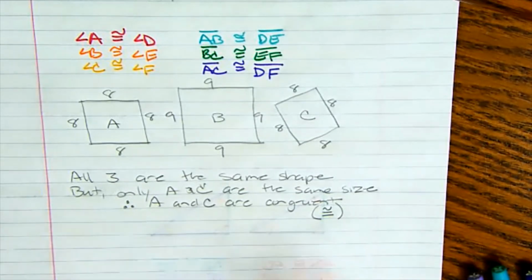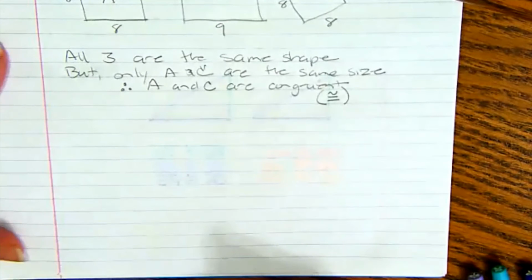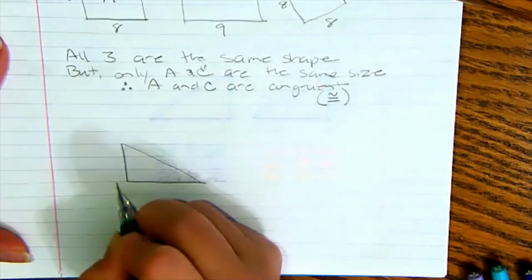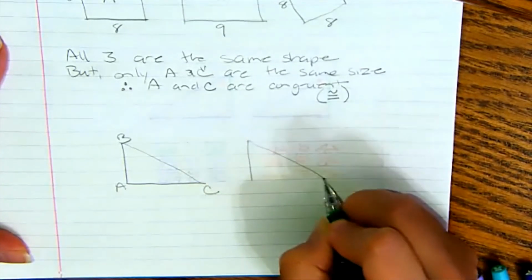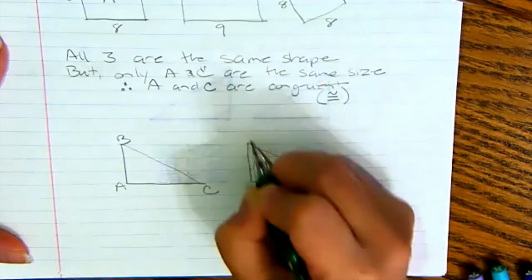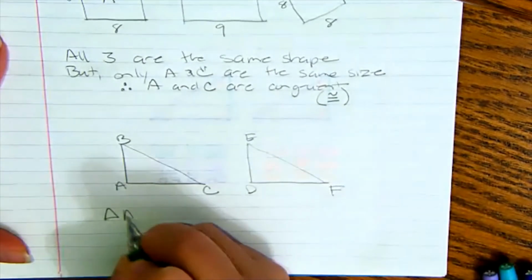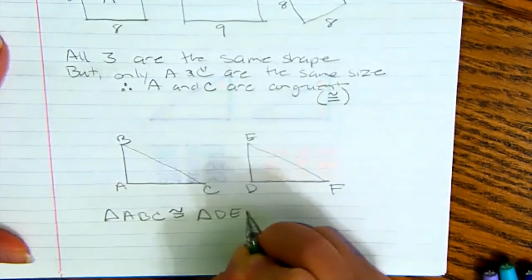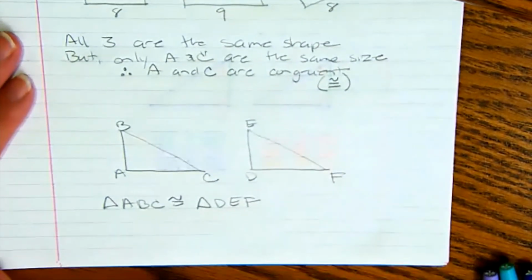So if congruence means same size and same shape, then if we have two triangles, ABC and DEF, and I'm telling you triangle ABC is congruent to triangle DEF, they are congruent, same size, same shape.